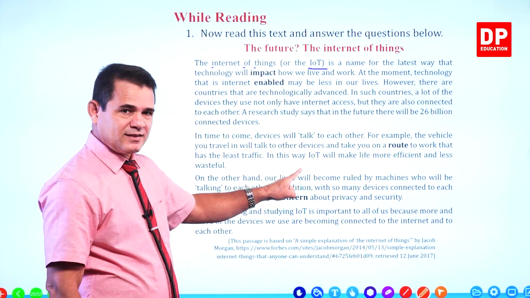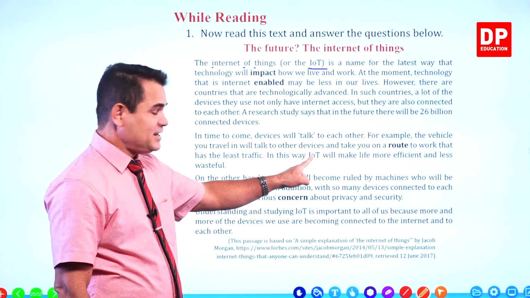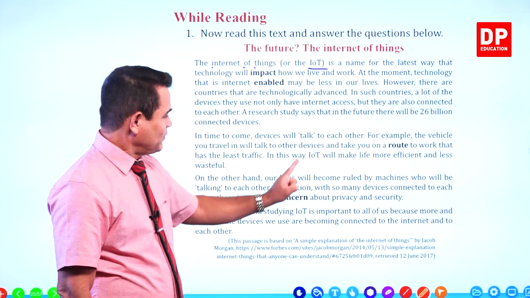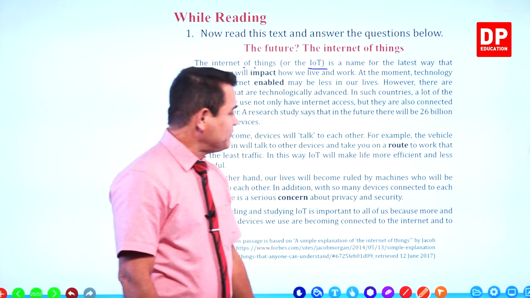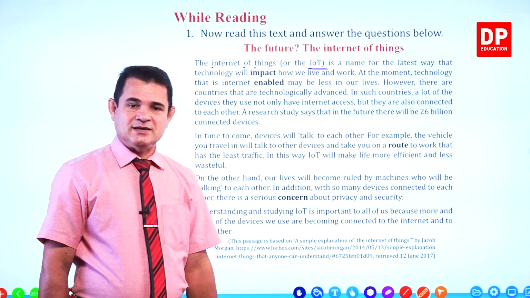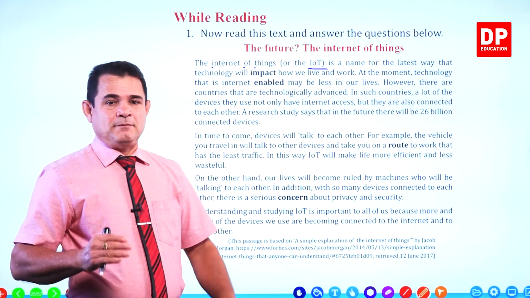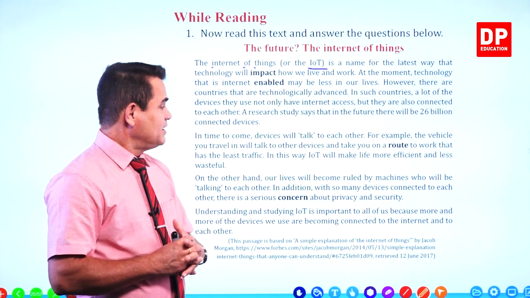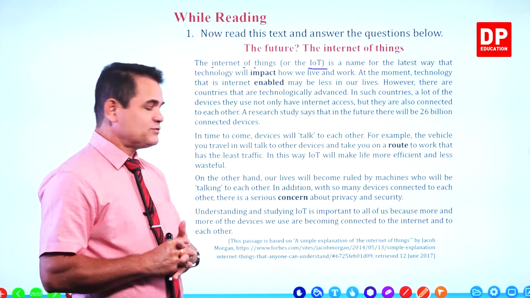In this way, IoT, Internet of Things, will make life more efficient and less wasteful. මේ විදියට IoT, Internet of Things වලින් අපිට මොකද කරන්නේ? More efficient and less wasteful.